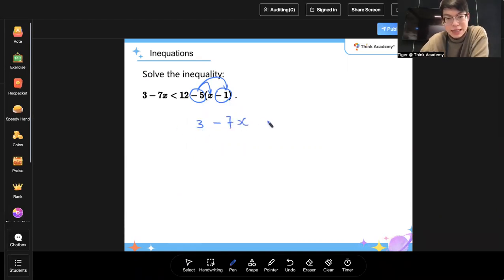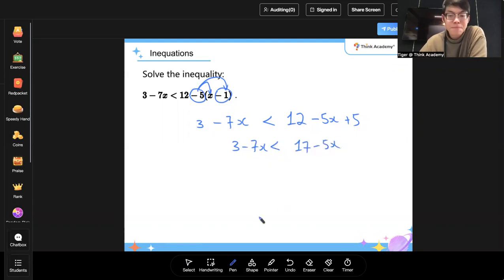I'm just copying it down. On the right-hand side, I have 12. I have minus 5 times x. That's minus 5x. I have minus 5 times minus 1. That's adding 5. So it means that 3 take away 7x is less than 17 take away 5x.